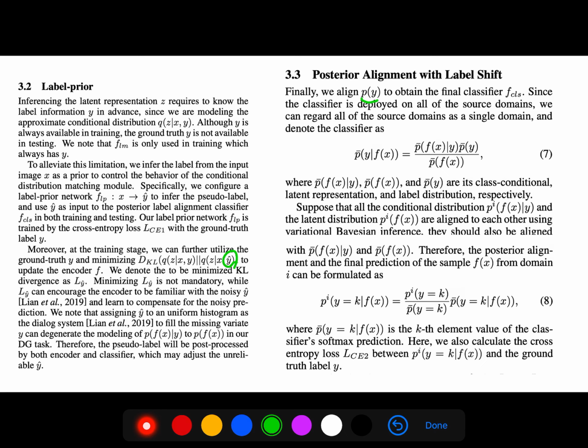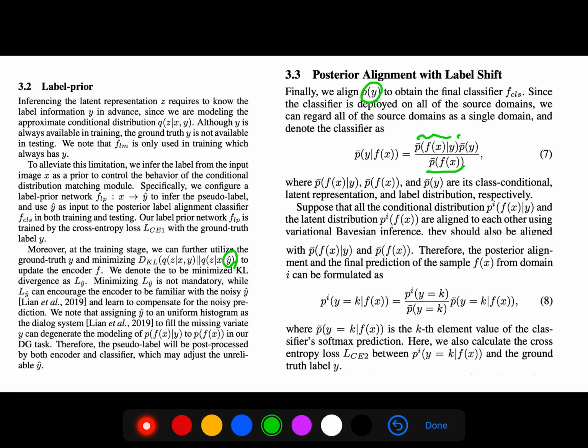Finally, we align this probability of y to obtain the final classifier. Since the classifier is deployed on all source domains, we can regard all the source domains as a single domain and denote this classifier where P is the class conditional latent representation and P hat of f of x is its label distribution.